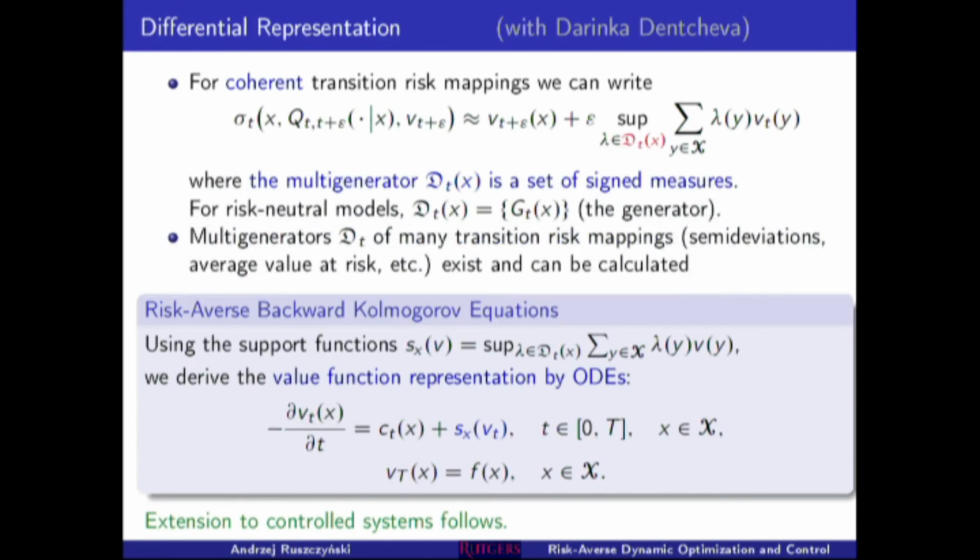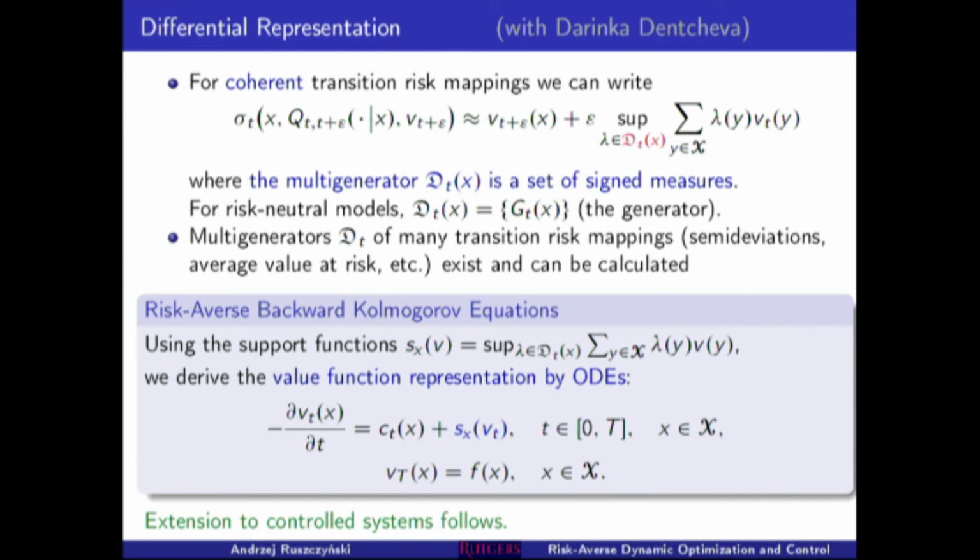We can use multi-valued calculus, so we can do the differentiation of multi-functions. And we can represent this sigma very closely for small epsilon as the value at the future state and a certain support function of a certain set.